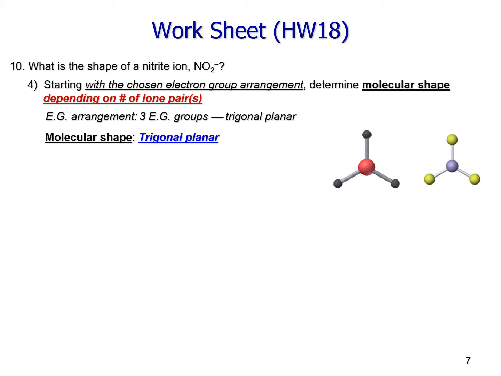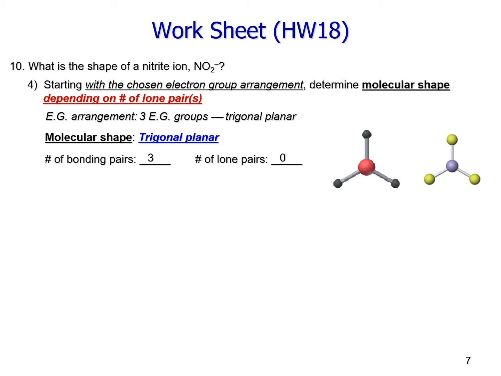What kind of molecular shape can come with these 3 electron groups we lay out as trigonal planar? Of course, the molecular shape can be trigonal planar as long as there's no lone pair of electrons. All 3 electron groups are bonding pairs. Why?